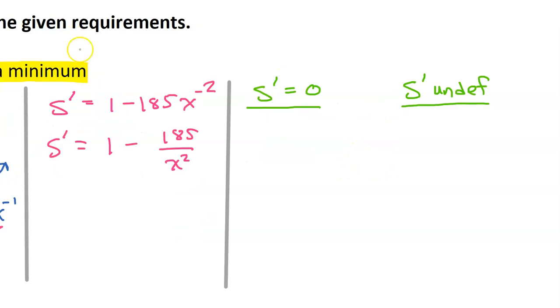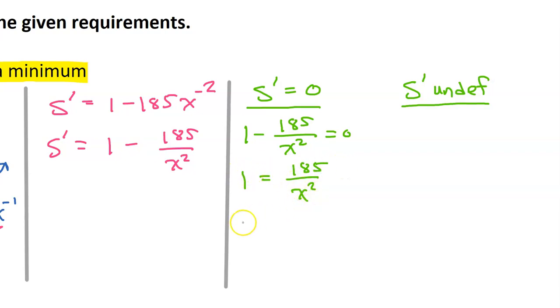squared. A moment ago I said that the minimum would always occur when the derivative was equal to 0. It will sometimes occur when the derivative is undefined, so we need to check both of these. Let's start with setting the derivative equal to 0. So I will have 1 minus 185 over x squared is equal to 0. Adding this fraction to both sides, I get 1 is equal to 185 over x squared.